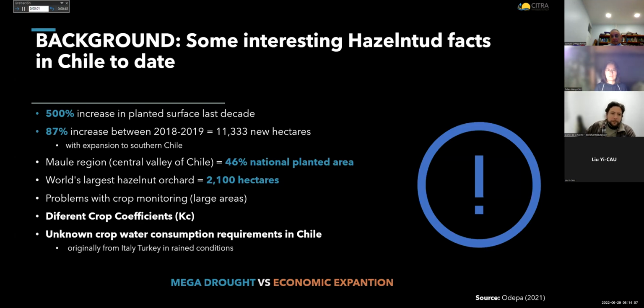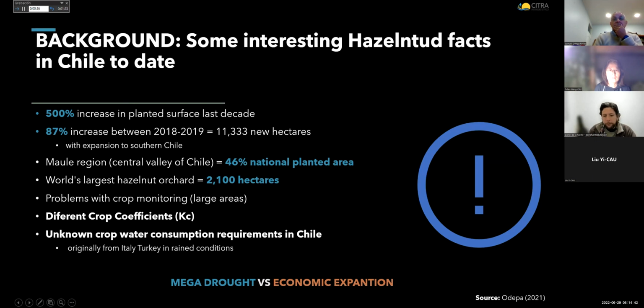As background, some interesting hazelnut facts in Chile: we have this problem of a mega drought on one side versus an economic expansion of this crop on the other. The planted surface of this crop has increased in the last decade by about 500%, with an 87% increase in only one year, with expansion to the southern part of Chile.